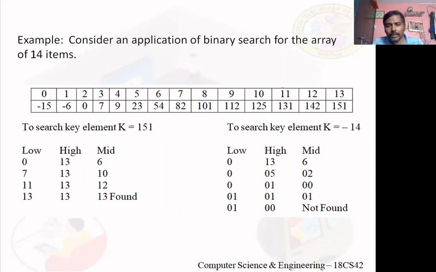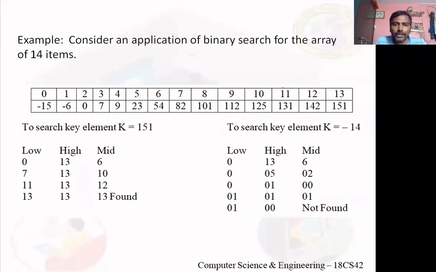I repeat, since the key is greater than the mid element, if it exists, it will be in the higher elements of the array, indices 7 through 13.